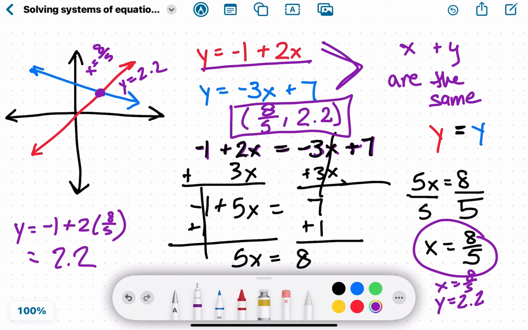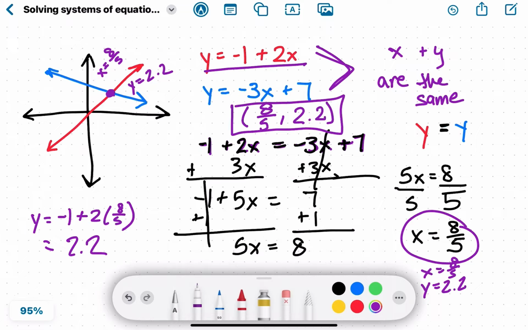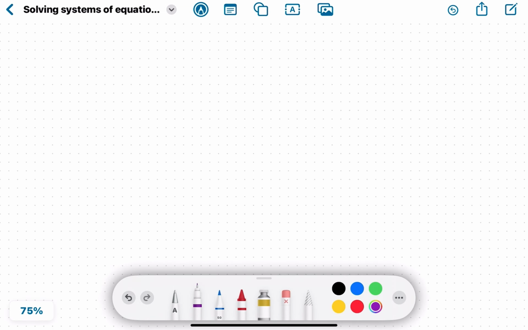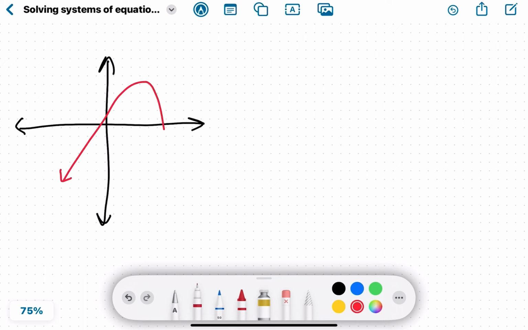When you're solving for systems other than linear ones, meaning if there's a parabola or like a cubic function involved, you could basically do the same thing. So let's say we had a graph, and we did a parabola, and then this line over here, like a line crossing a parabola.